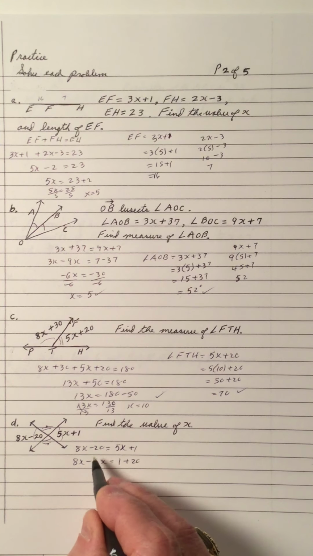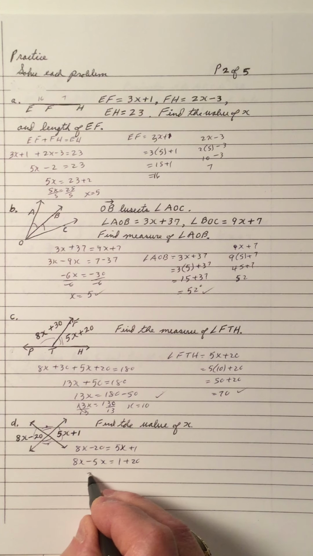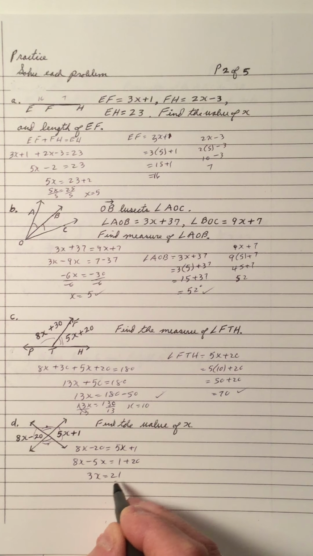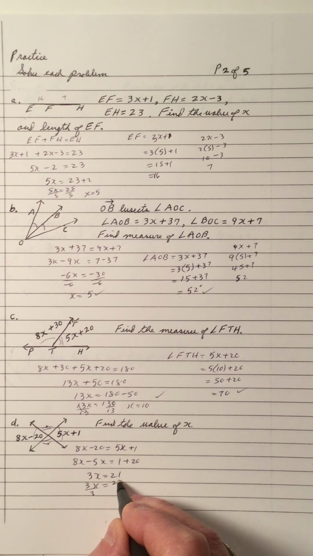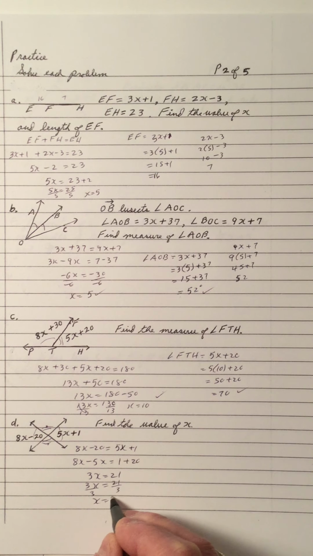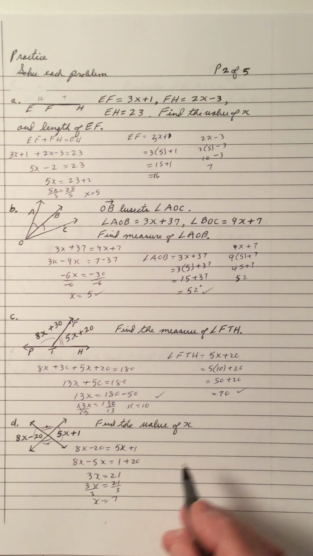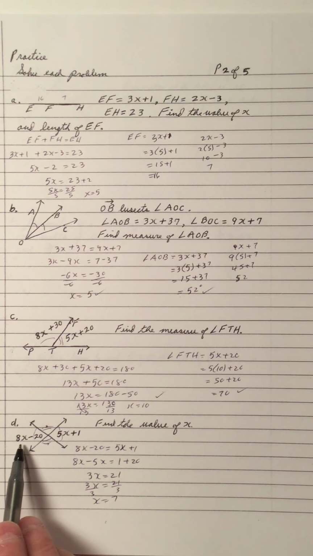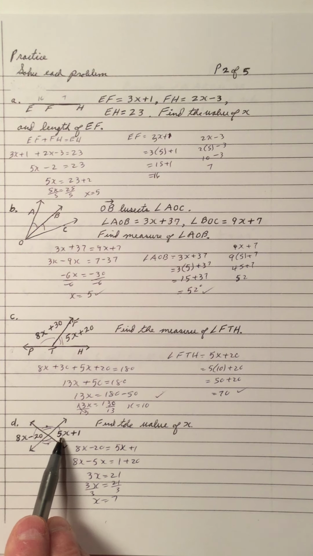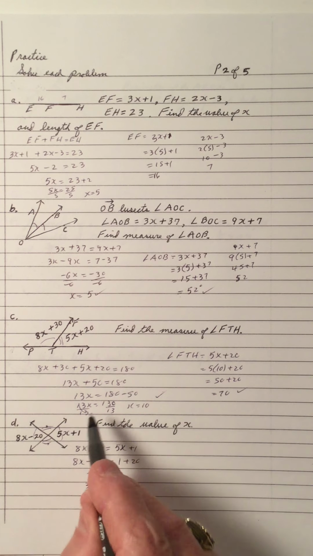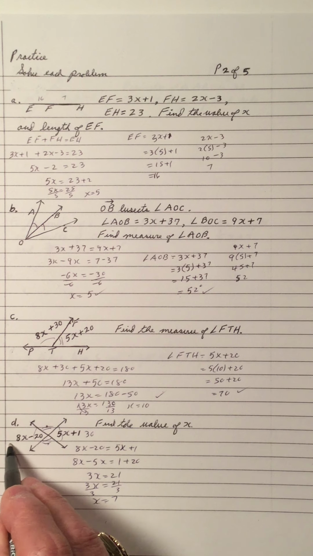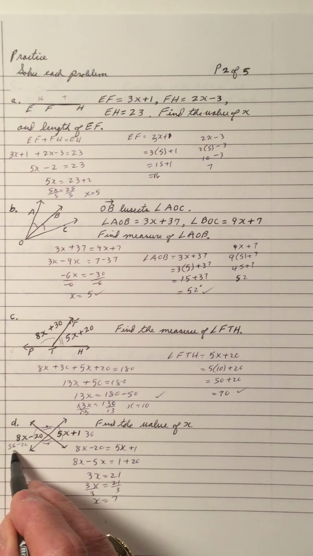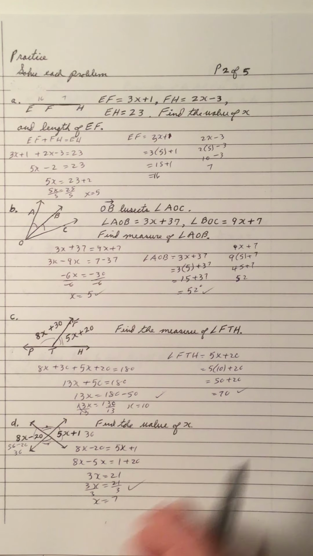So plus becomes a minus, the minus becomes a plus. That gives me 3x is equal to 21. So x is equal to, divide by 3, x is equal to 7. And again, if you put the 7 in here, 5 7s are 35, so that gives me 36 degrees. If you put 7 in here, 7 8s are 56 minus 20. That gives me 36. So we know 7 is okay.